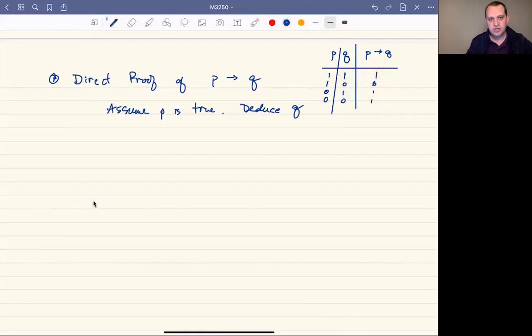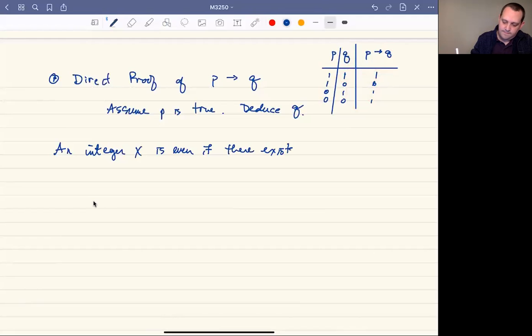I think the first kind of example that we can get into with a direct proof is going to involve the idea of evenness and oddness. This is probably familiar to you already, but just to be 100% clear about what we mean by even and odd, we say that an integer, say x, is even if there exists an integer k such that x is equal to 2k.